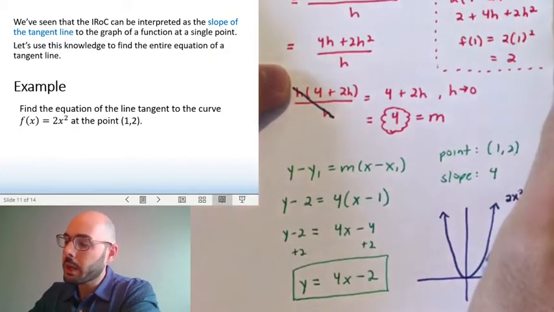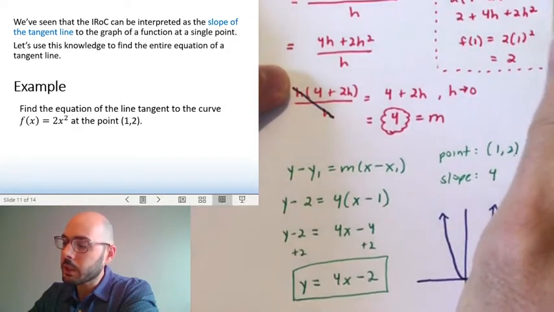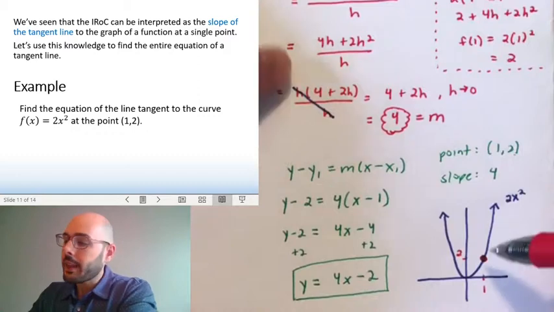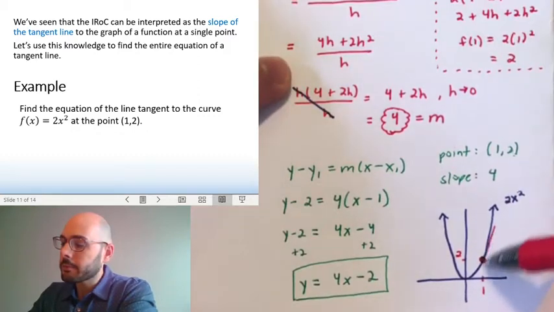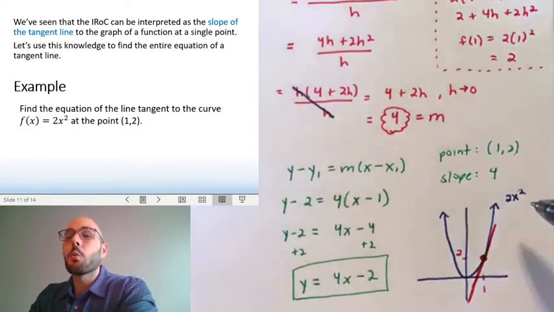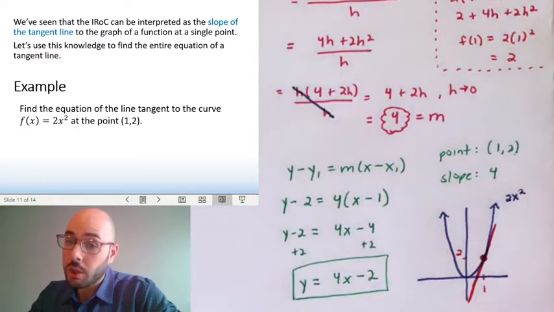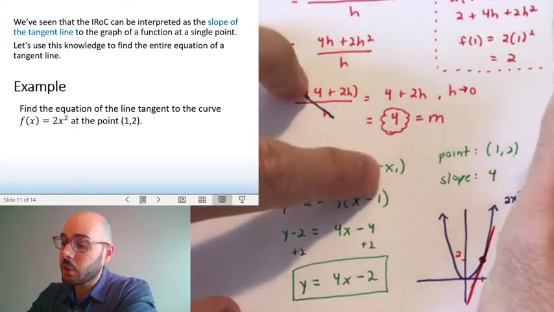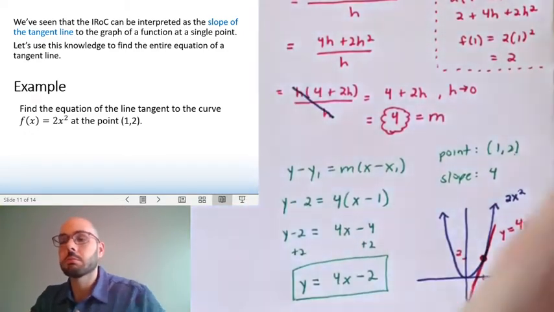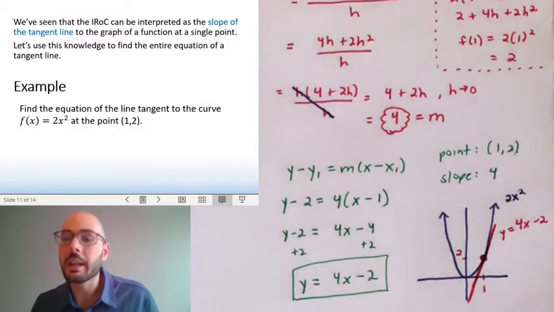If I look at the point 1, 2, let's say that's right here, then I could draw a tangent line there. There's a tangent line. And we found the entire equation of that tangent line. This tangent line has an equation of 4x minus 2. So now I know what the whole equation of that line is, not just its slope.